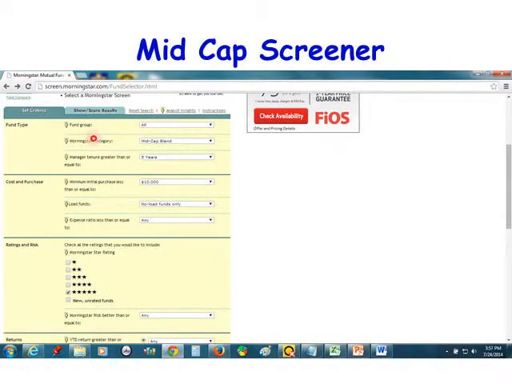This is how the screen looks, and you select 5 stars here, and mid-cap blend, at least 5 years manager tenure, $10,000 at the most for initial investment, and no-load funds only. Let's see what we got.